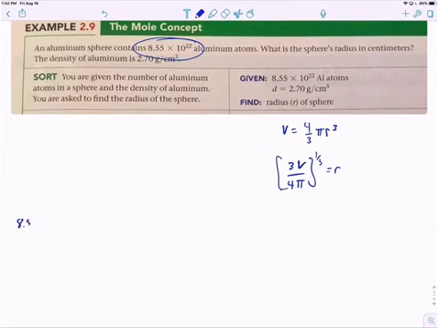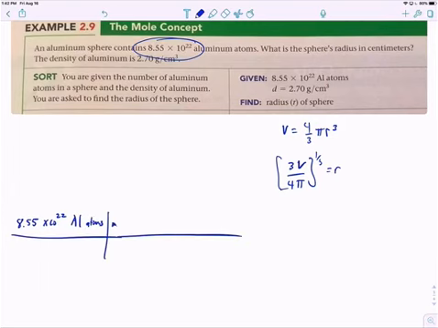So 8.55 times 10 to the 22nd aluminum atoms, and we have 1 mole of aluminum to 6.02 times 10 to the 23rd atoms of aluminum. And aluminum is 27. Let's see what the book says for it.